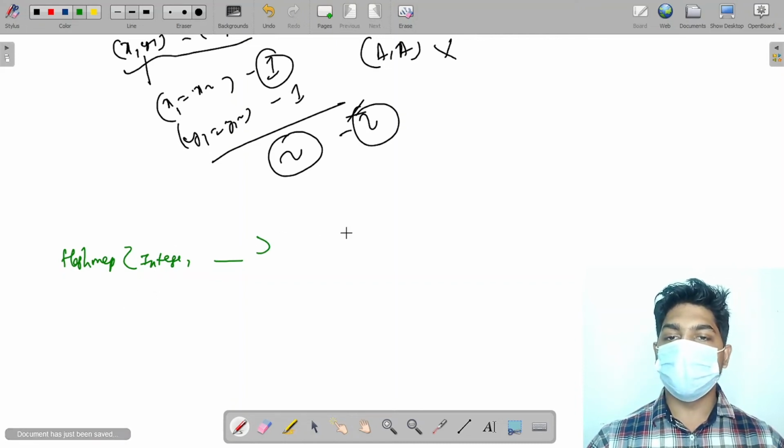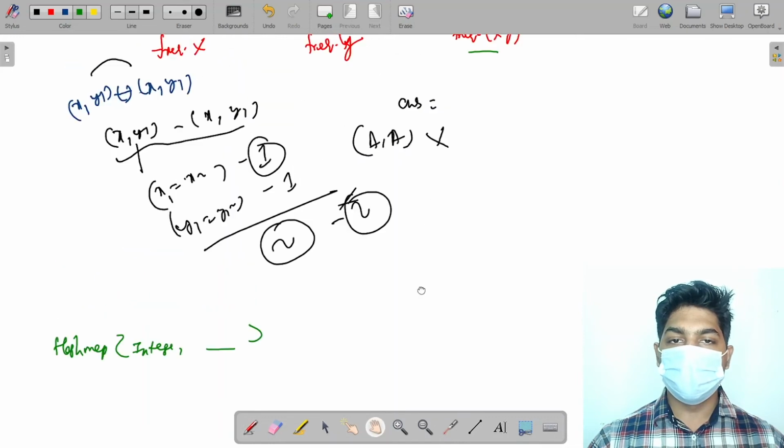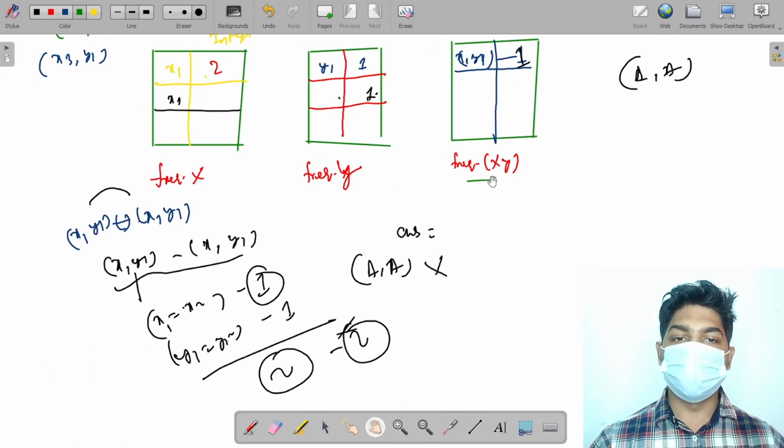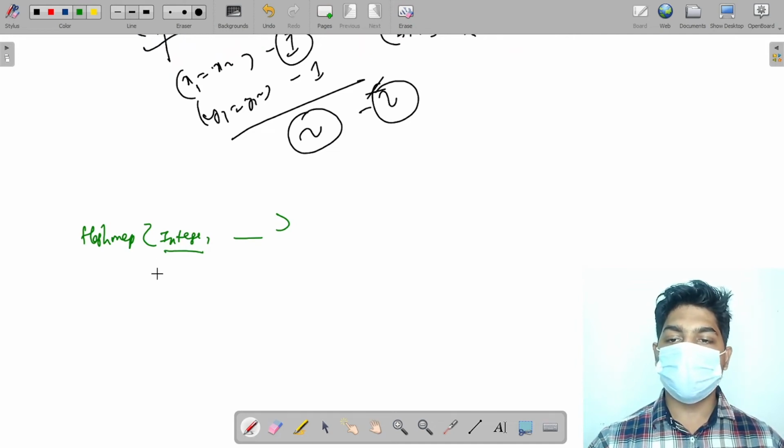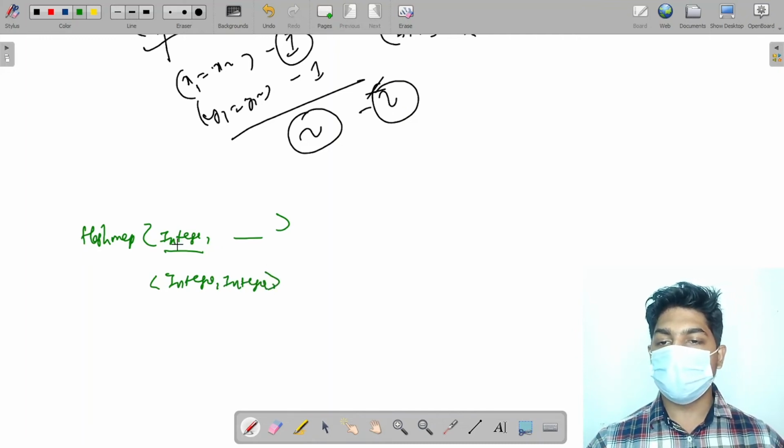But what do we want? Our third map was xy, where two coordinates are there, two integers are there. So instead of one integer, we want to store integer comma integer, along with one more integer for storing the frequency count.